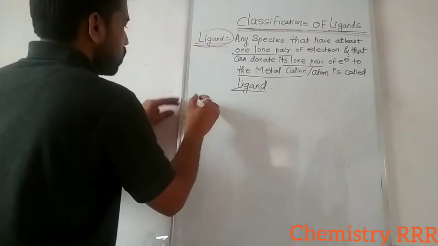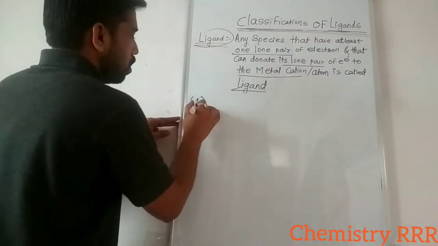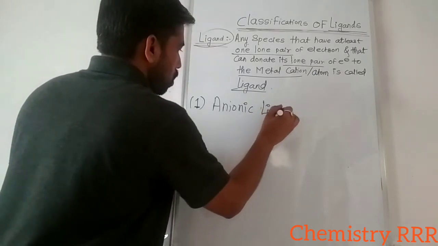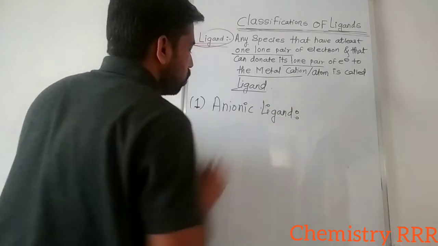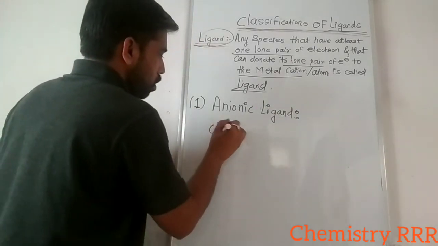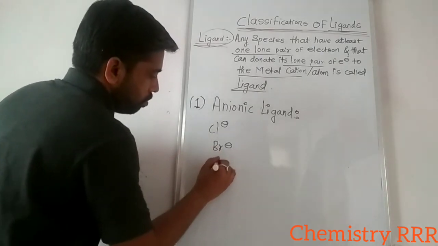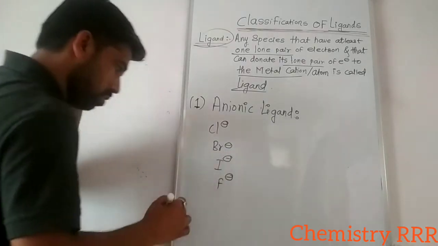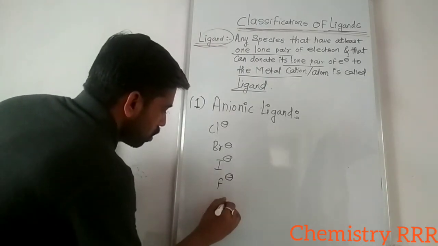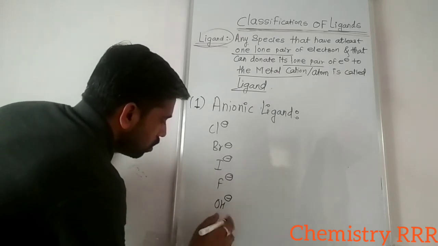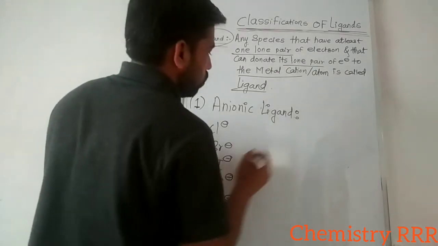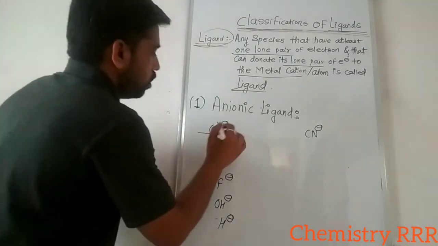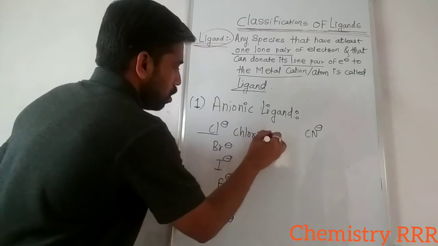For example, Cl minus, Br minus, then the next halogen is I minus, F minus, then OH minus. Now Cl minus is our chloride ion.